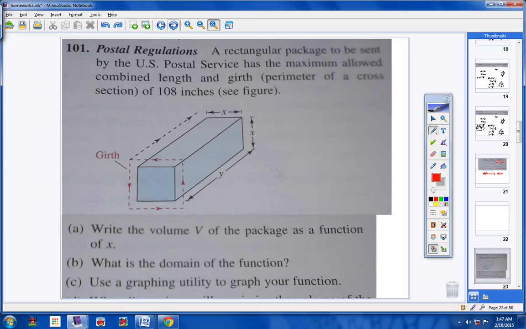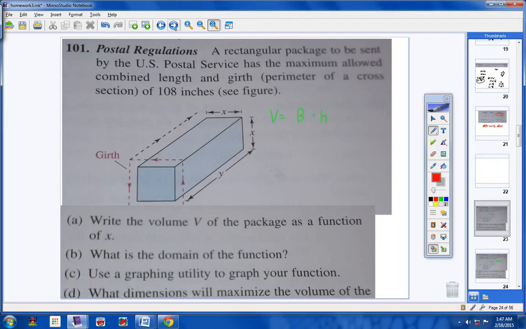Now, here we go. It says write the volume V as a function of x. So we're going to write volume as a function of x. Well, first of all, let's write out a good old-fashioned volume formula. So here it is. Capital B stands for area of base.